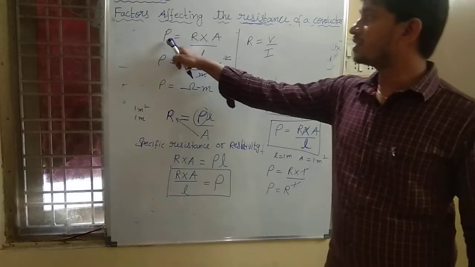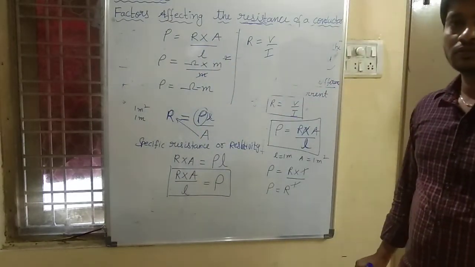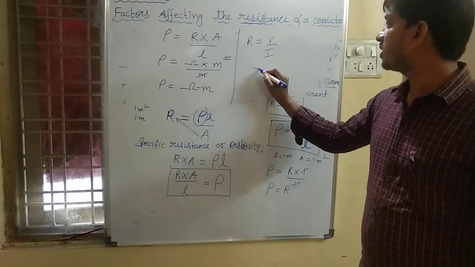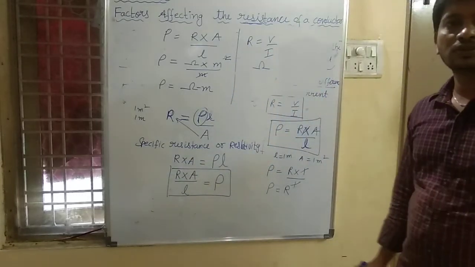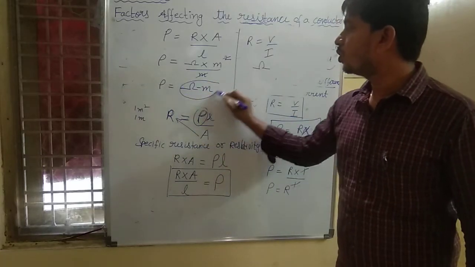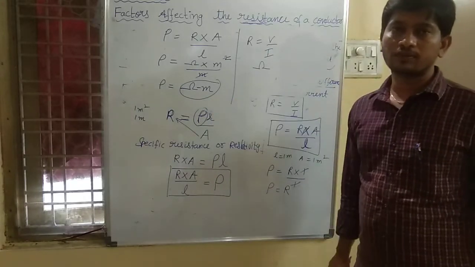What about resistivity? Resistivity equal to R into A by L. The unit of resistance is ohm, and the unit of resistivity is ohm meter.